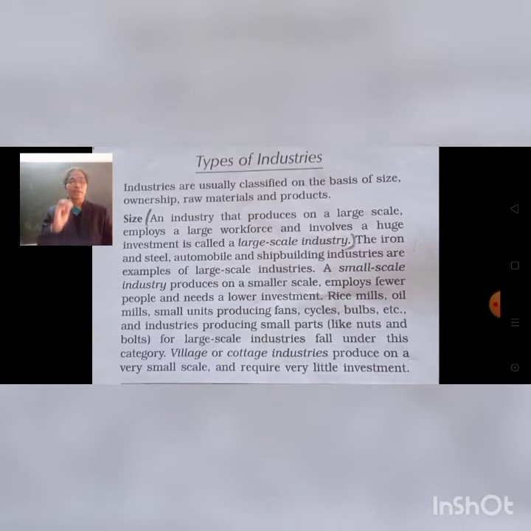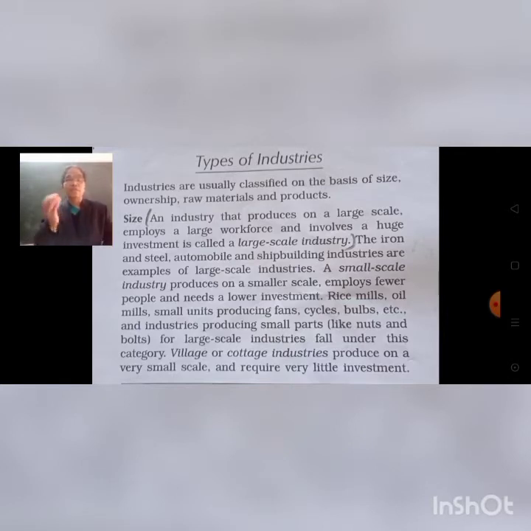If an industry produces on a large scale, employs a large number of laborers and invests too much money, such an industry is called a large scale industry.